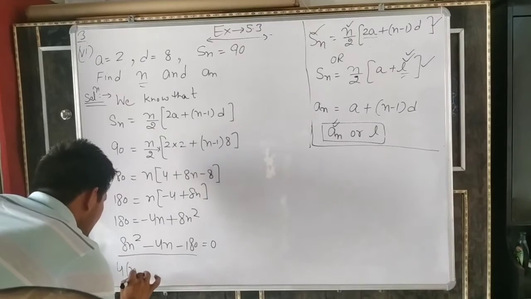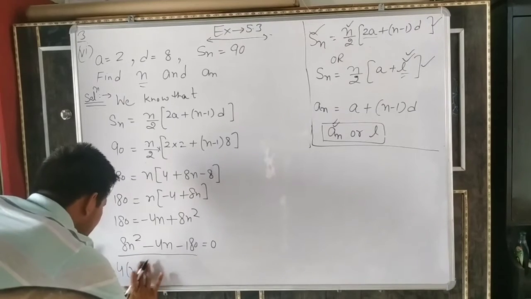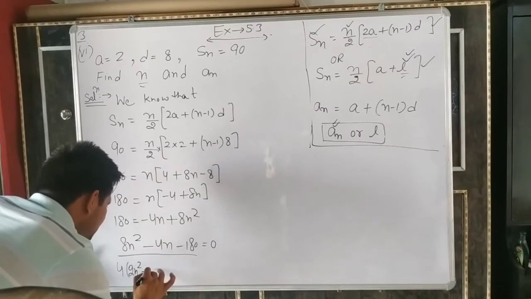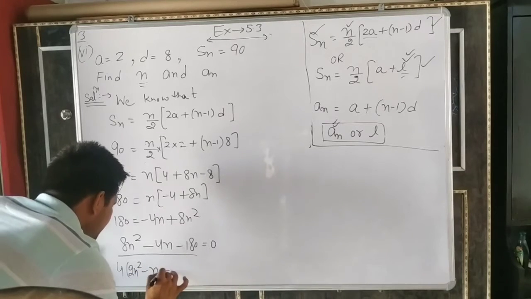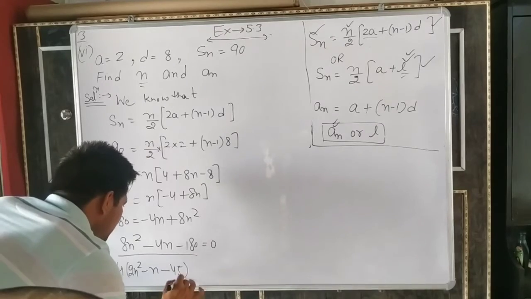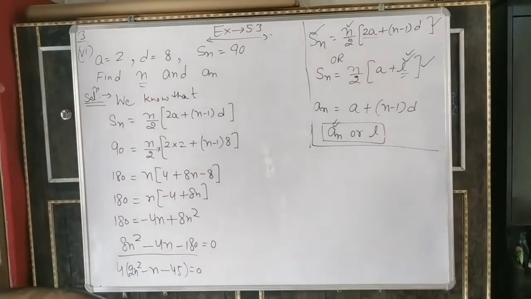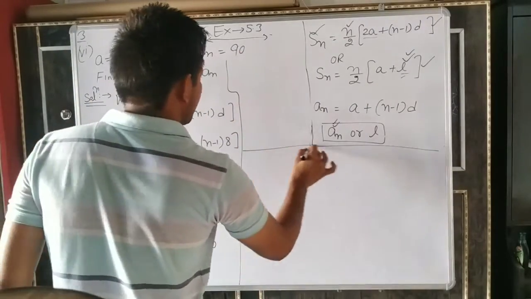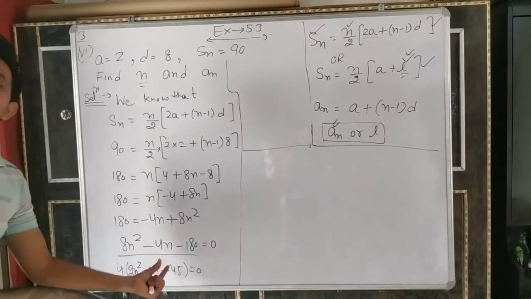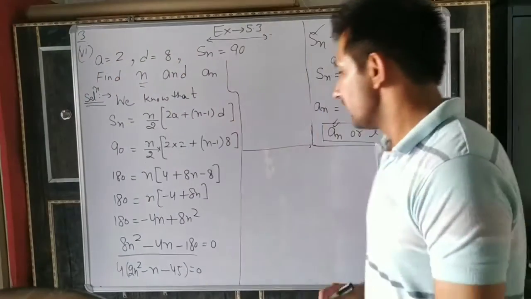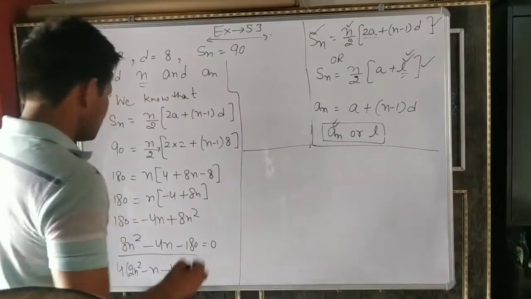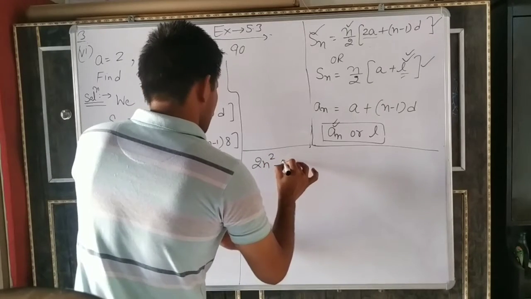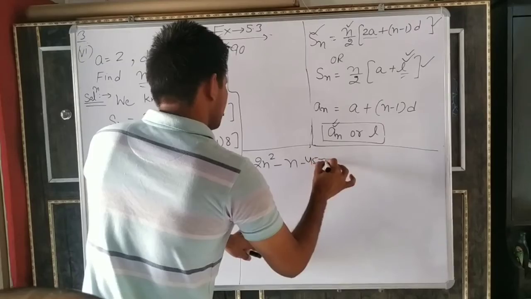So it becomes 2n square minus n minus 45 equal to 0. Always try to reduce to the simplest form, because if we write it as it is, it is very difficult to take factors.